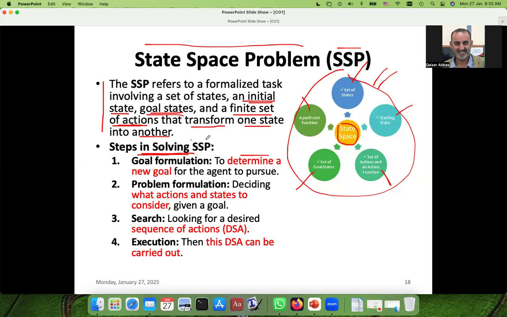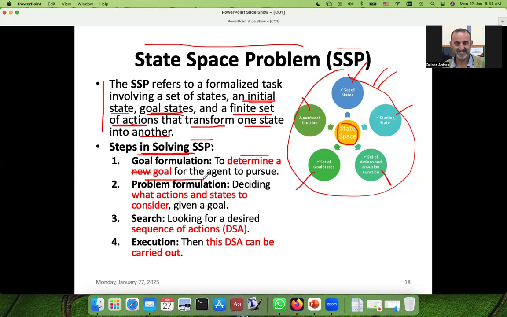So this is the first step. If you are going to solve a state space problem, you have to determine the goal. You can remove the word new goal, it is ambiguous. You have to determine the goal for the agent to pursue, to do something further. So what is goal formulation? You have to identify the goal in that problem. And then step number 2, problem formulation. In problem formulation, you have to identify what actions you have to take and what states you have to consider.